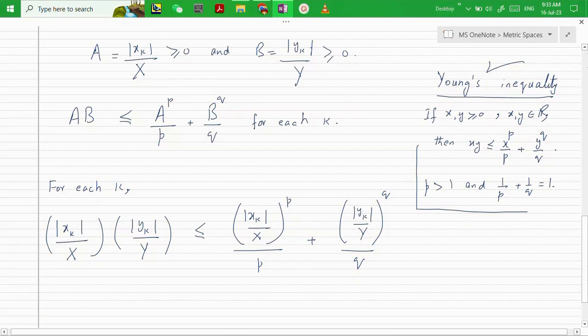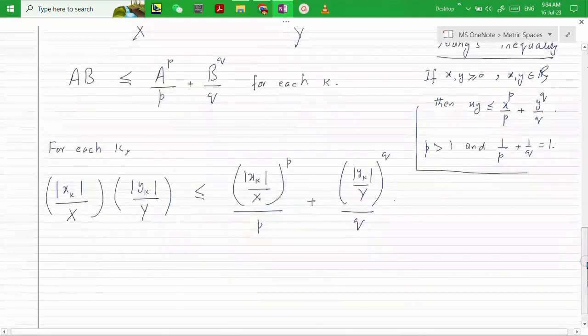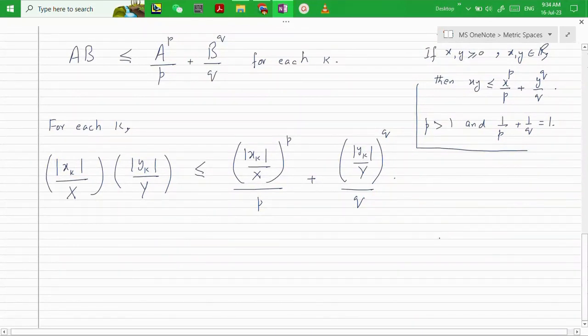So this is our required equation, in which we put the values of A and B.